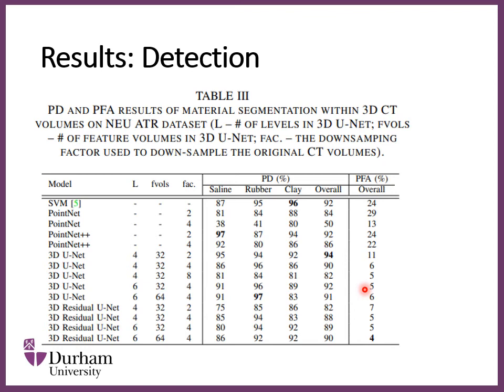So overall, the results of 3D UNet and 3D residual UNet can be very appealing, as we can see in this table. And also you can have different trade-offs by tuning the hyperparameters.